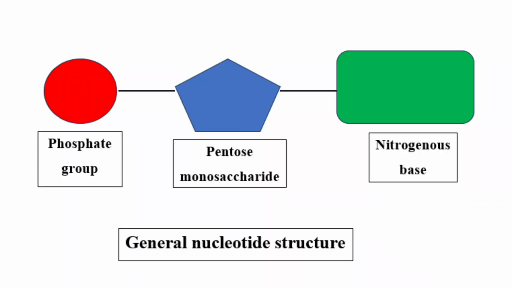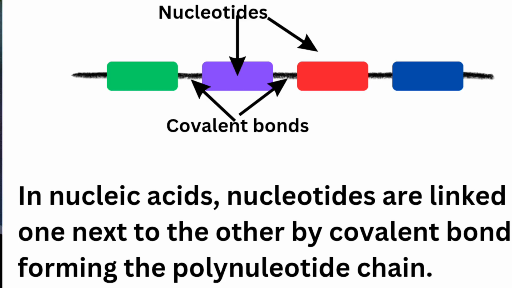Nucleotides are made up of three subunits: one or more phosphate groups, a pentose sugar, a 5-carbon sugar, either deoxyribose or ribose, and a nitrogen-containing organic base. Nucleotides are joined next to each other by chemical bonds to form a polynucleotide chain, the basic form of nucleic acid.